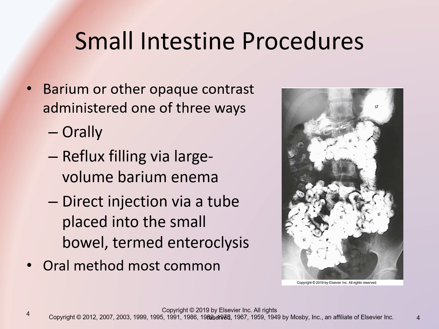So any barium you do through an enteroclysis, through injection through either an NG or an NJ tube, you must flush it with a significant volume of water to make sure there's no barium sulfate residue still in the tube after you administered the barium.